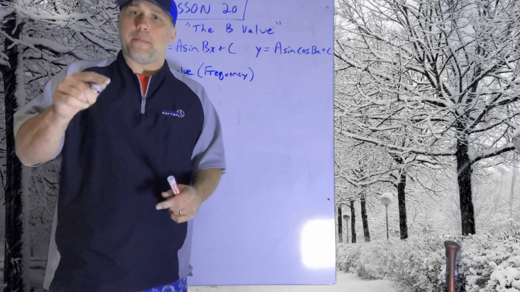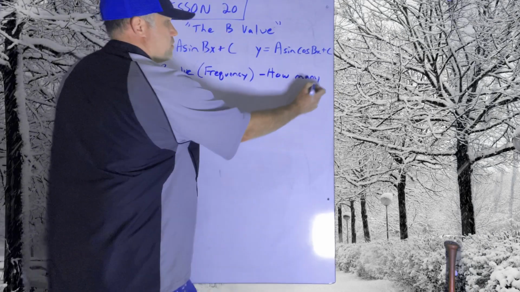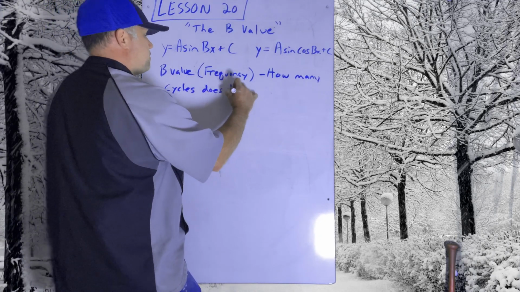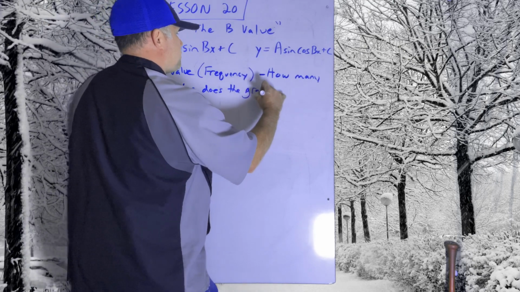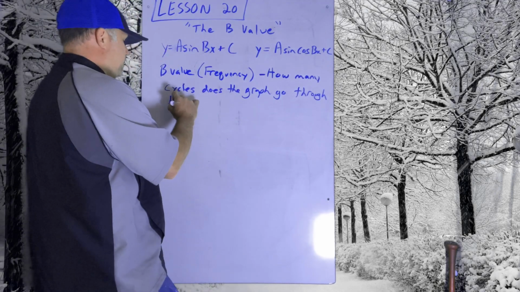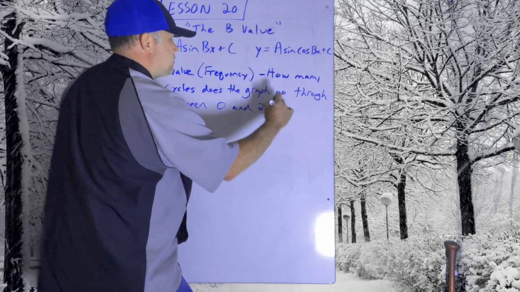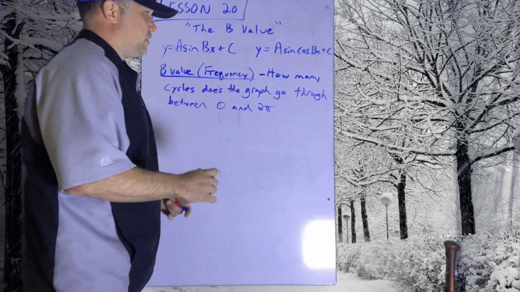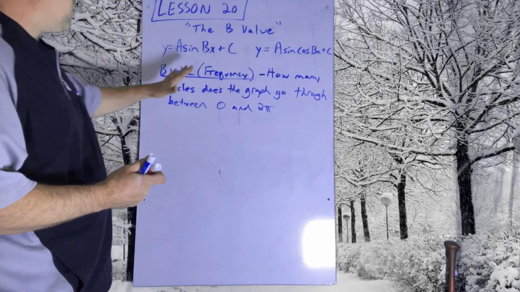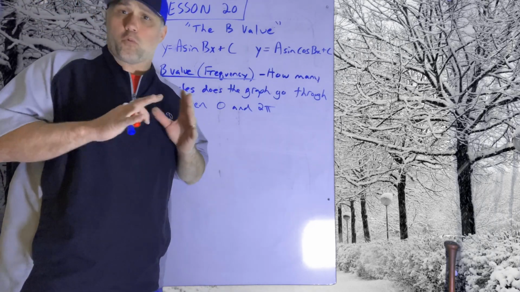What that means is how many cycles does the graph go through between 0 and 2 pi. So that's the definition. I'll give you a second to write that down. You can pause this actually if you need to. But that's what the B value is. It's called the frequency, and it tells us how many cycles does the graph go through between 0 and 2 pi. All right, what in the heck does that mean?